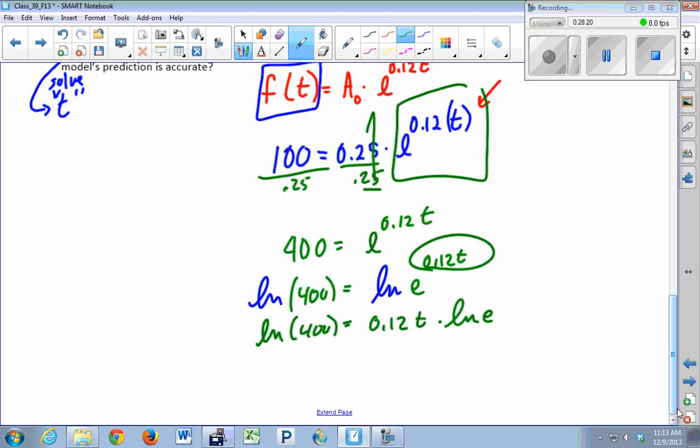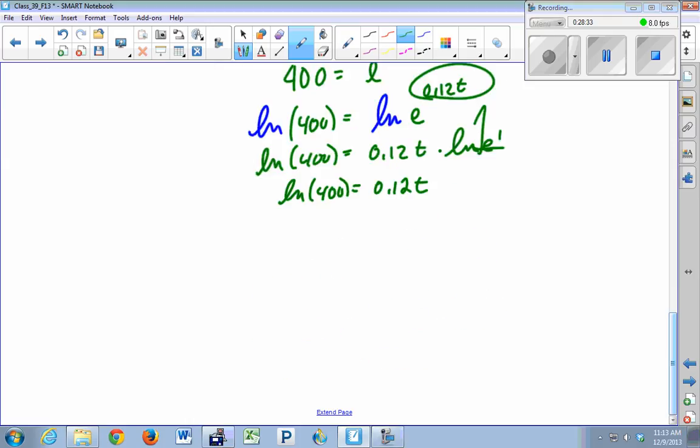Well, the natural log of e is just 1, because if you lift off that exponent, your bases are the same, you just get 1. So now we have the natural log of 400 equals 0.12 t. And to solve for t, I divide both sides by 0.12. So t is equal to the natural log of 400 divided by your continuous growth rate.